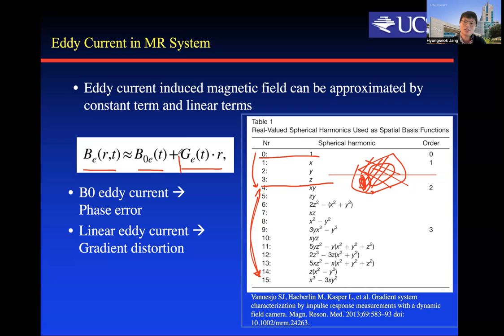So we can say this is an additional gradient field that distorts your input gradient field. Again, the B0 eddy current causes a global phase error at all different spatial locations, and the linear eddy current causes gradient distortion, because it imitates a gradient field.